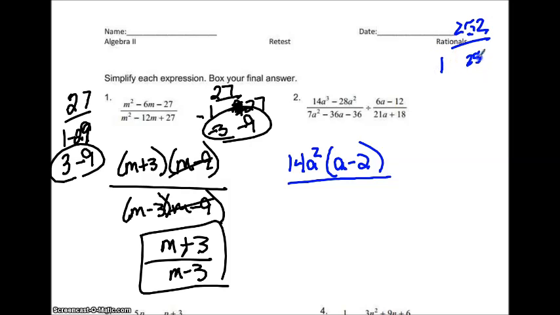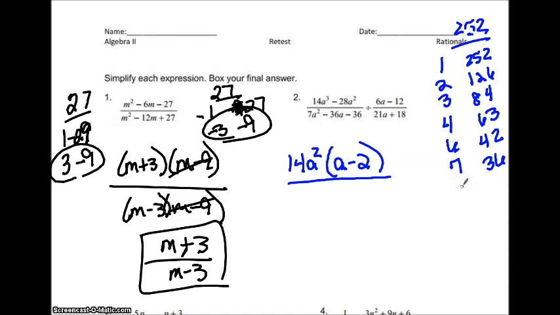1 and 252, 2 and 126, 3 and 84, 4 and 63, 6 and 42, 7 and 36, 9 and 28.